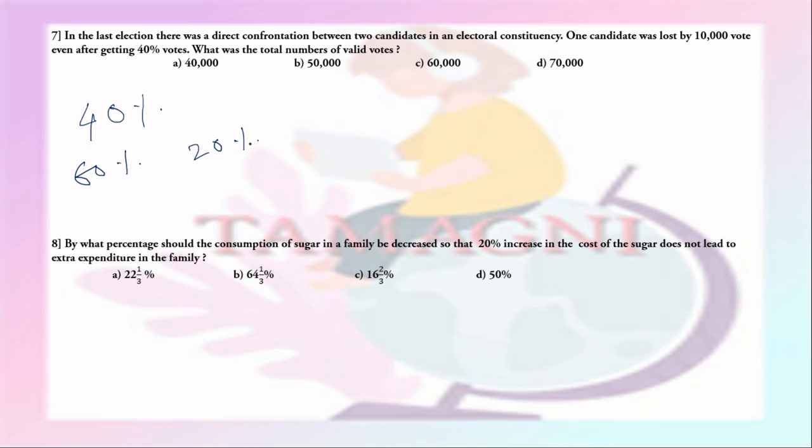So 20% of the total valid vote will be equal to 10,000.